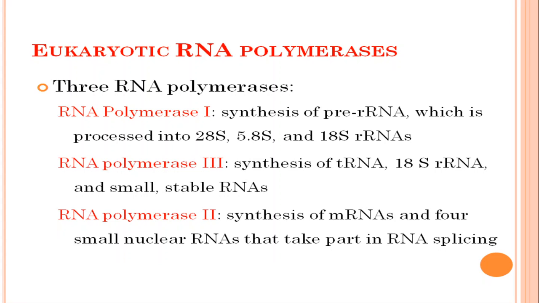Second is RNA polymerase 3, which is involved in the synthesis of transfer RNA, small and stable RNAs. And RNA polymerase 2 is the main enzyme responsible for the synthesis of messenger RNA and for small nuclear RNAs, which are involved in the RNA splicing process. Today we will discuss the mechanism of transcription with reference to RNA polymerase 2.